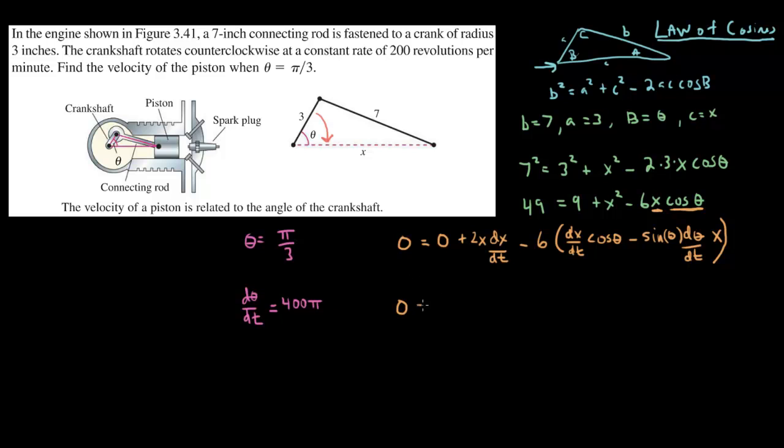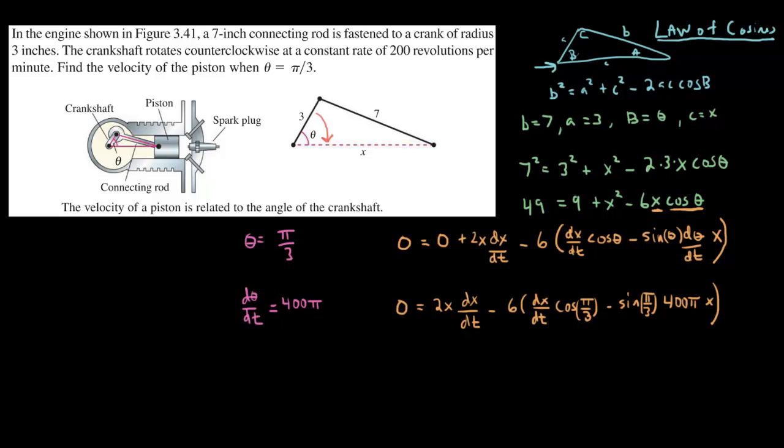All right, so we have 0 equals, let's just leave off that 0, 2 times x dx dt minus 6 times dx dt times cosine of pi over 3 minus sine pi over 3 times d theta dt, but that's 400 pi times x.